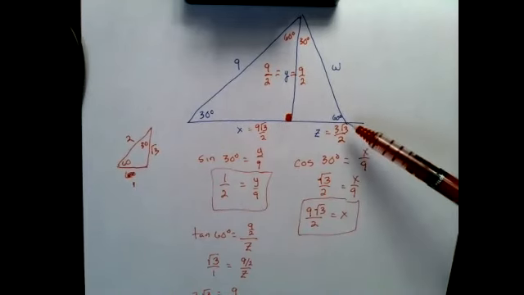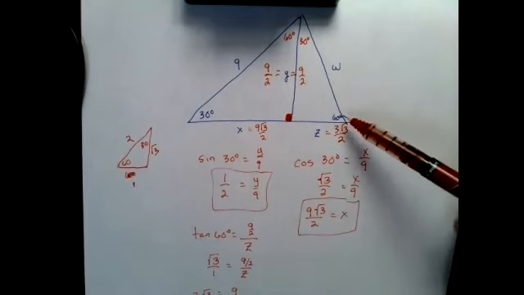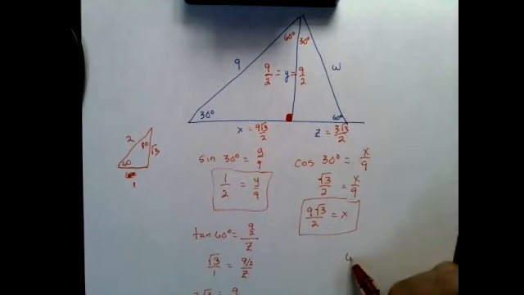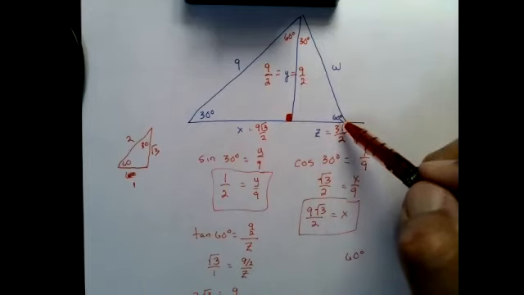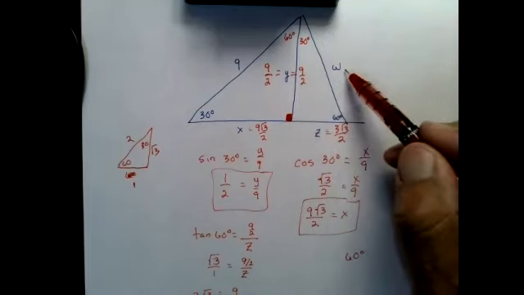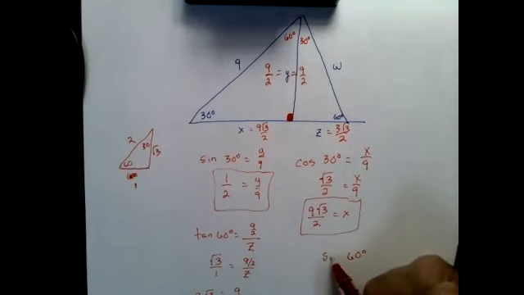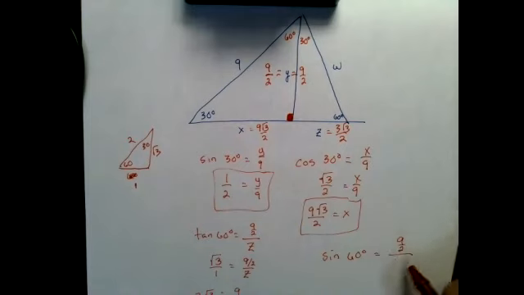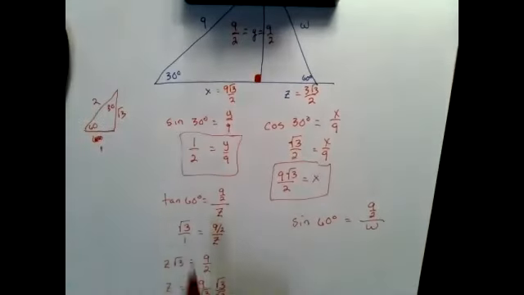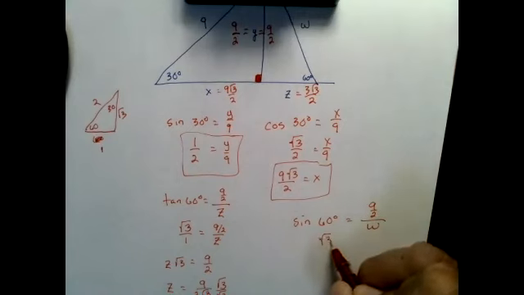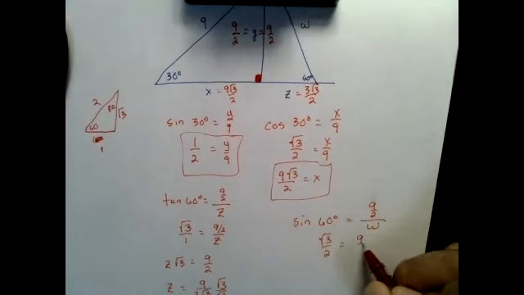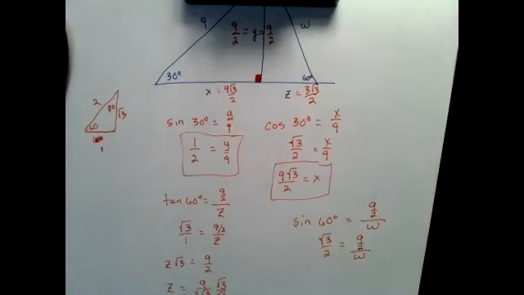Let's do something to find w. If I use 60 degrees and I want 9/2 over w, that is opposite over hypotenuse. So that's the sine. Sine of 60 degrees equals opposite, 9/2, divided by w. From my triangle over here, the sine of 60 is the square root of 3 over 2 equals 9/2 divided by w.